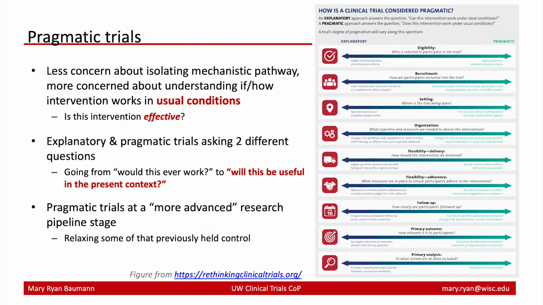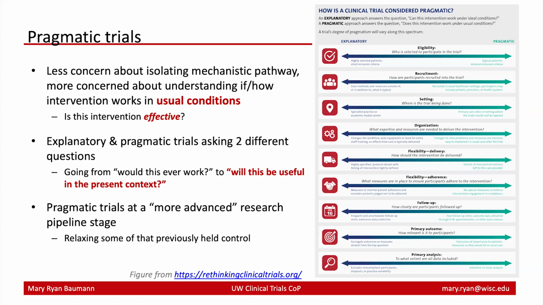And that's where this idea of pragmatic trials comes in. So pragmatic trials is this trial framework where we're less concerned about isolating that mechanistic pathway between an intervention and an outcome. And we're more concerned about understanding if and how an intervention works in quote unquote usual conditions, depending on how you define what usual conditions are.